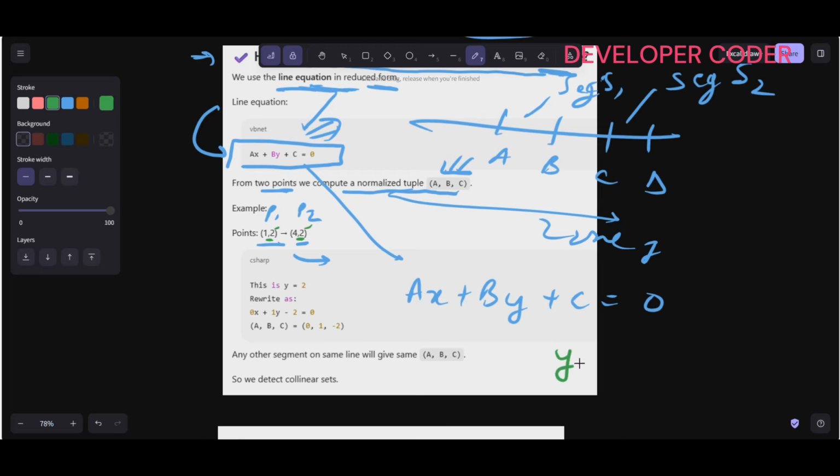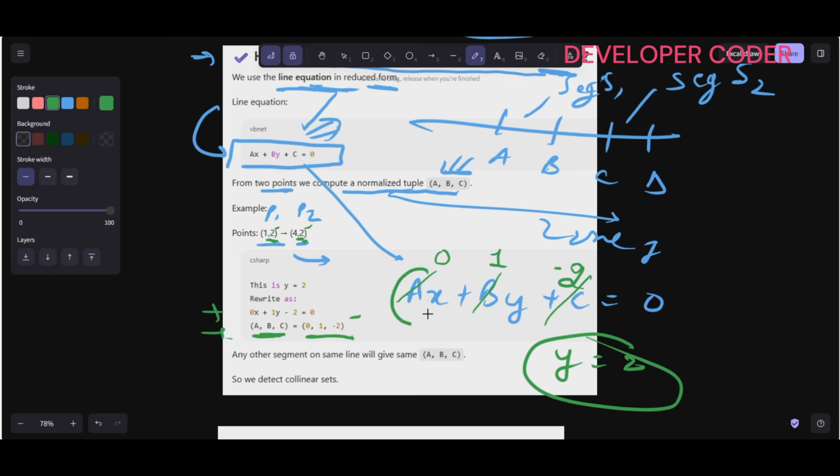So that simply means I will get y is equal to 2, right? Horizontal line, right? So when I'm going to get y is equal to 2, this value is going to be 0, this value is going to be 0, and this is going to be 1, right? And this value actually is going to be minus 2, right? So if you put 0 here, put 1 here, and in C just put minus 2, you will get this equation, right? So you are going to get a b c as 0 1 minus 2.